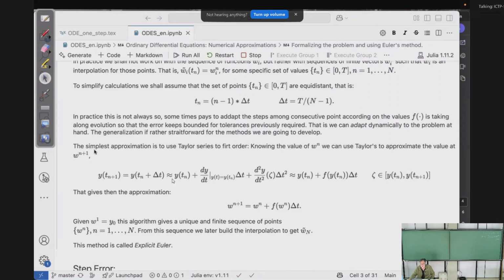We approximate the value of y at t_{n+1} by the value at t_n plus the derivative at t_n, and then the second term, the square term, at some point, right, by Taylor's theorem. And so we have this approximation up to second order. And so this is what we do.